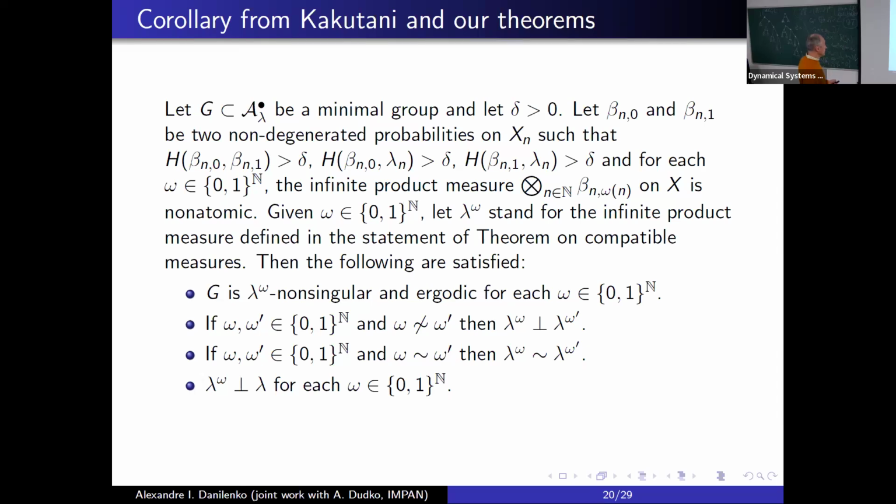Every lambda omega will be non-singular and ergodic with respect to G, and they are equivalent if and only if omega and omega prime are tail equivalent. If omega and omega prime are not tail equivalent, then the corresponding measures, lambda omega and lambda omega prime, will be orthogonal. And moreover, every lambda omega is orthogonal to the Haar measure.